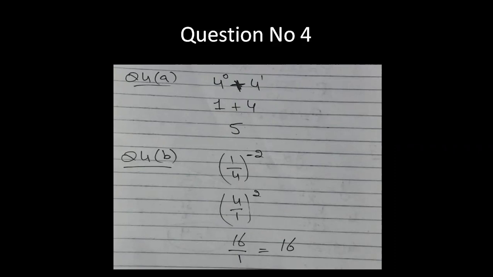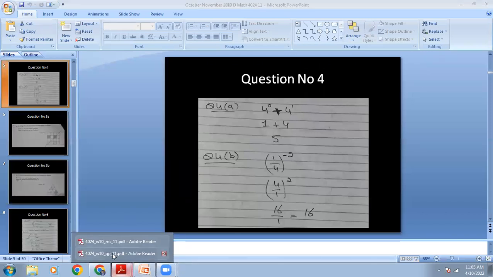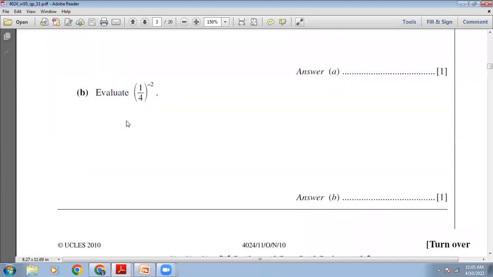Question number 4B, and it is minus 1 by 4 whole raised to power minus 2. When you convert this negative power into positive power, the fraction inside that bracket will reciprocate.